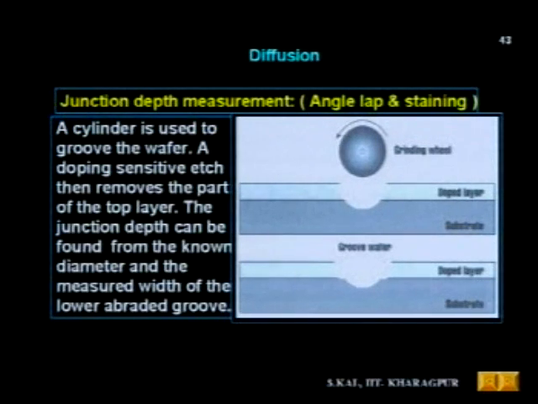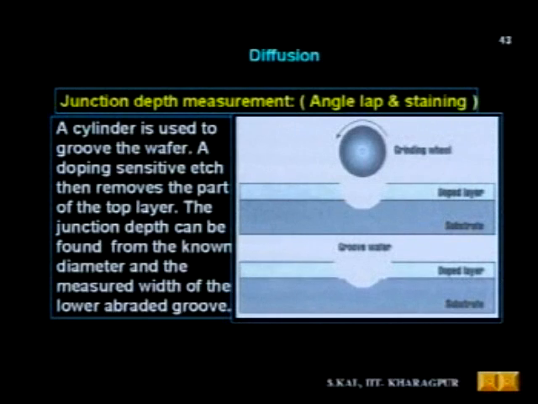Another method of angle lap and stain is a commercial method, because if you lap manually it is time consuming. At the same time, you cannot get a very nice lapping profile at 1 to 2 degrees. In an industrial environment, they lap in a different way.